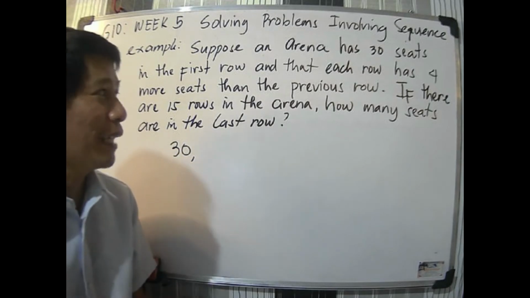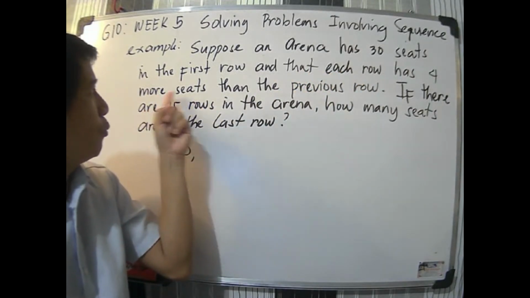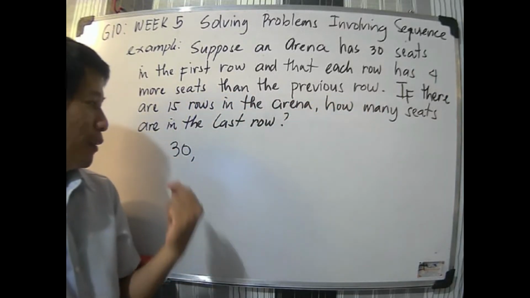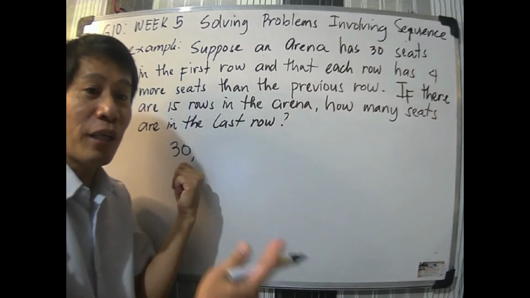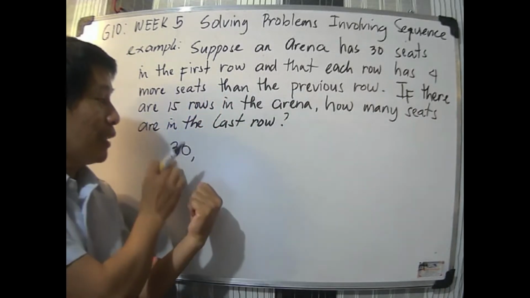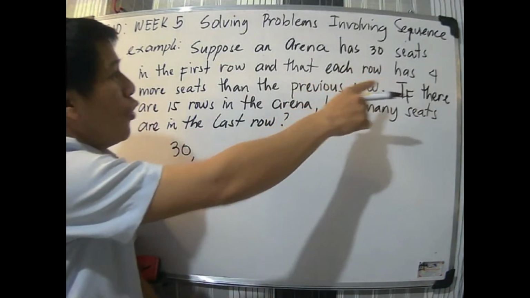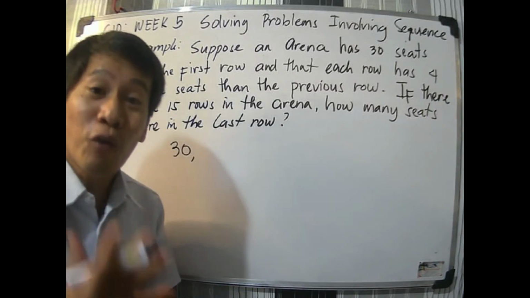So, analyze pa natin. Sabi dito, each row has 4 more seats than the previous row. Ibig sabihin, kung etong 30 ang first row natin, yung susunod na row ay 4 more seats than this first row. Ano ibig sabihin ng 4 more seats? Ibig sabihin, plus 4.